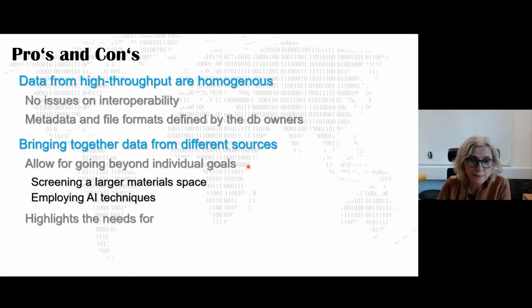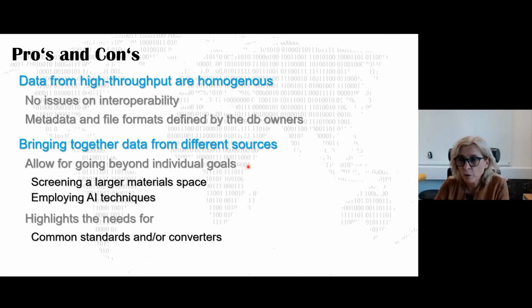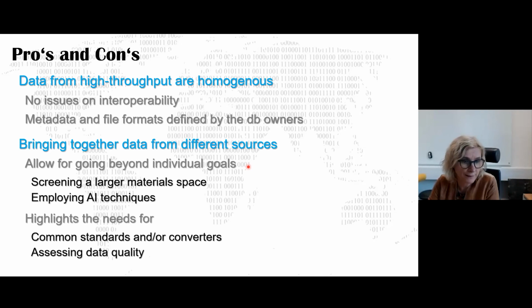So in that sense, this highlights the need for common standards for file formats and definitions of metadata, or we need to convert them from one database to the other, which is probably the more practical thing. And we also need to assess data quality, otherwise we would compare apples and pears if we bring together data from different sources.